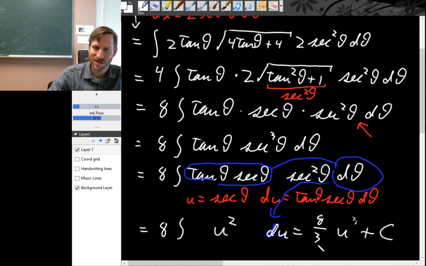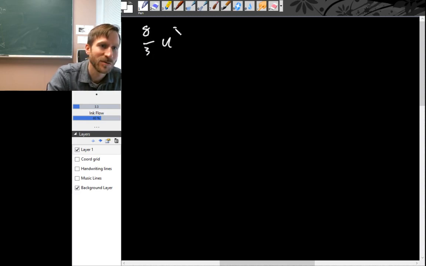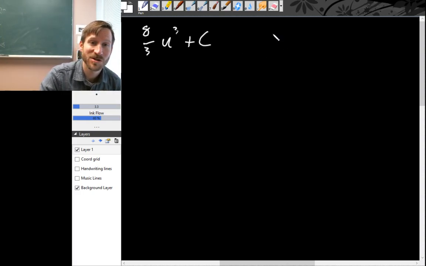So we have 8/3 u cubed plus c. Let's copy that over to a new screen up here. And remember, we did two substitutions.